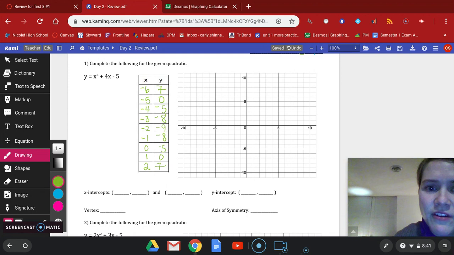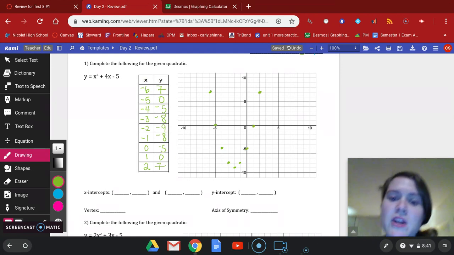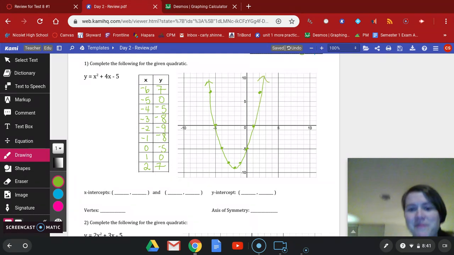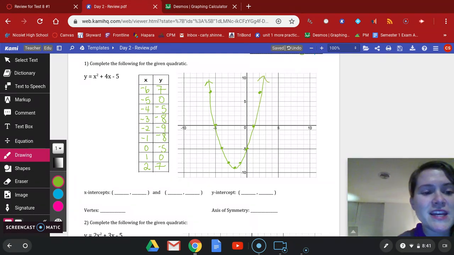All right, let's get graphing these points. Okay, so make sure you graph all the points and connect them in a nice U parabola shape. All right, awesome. So let's see here.